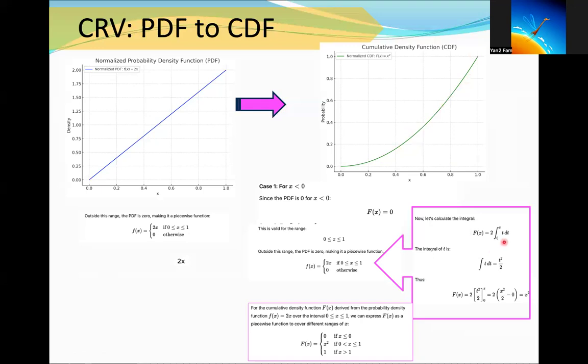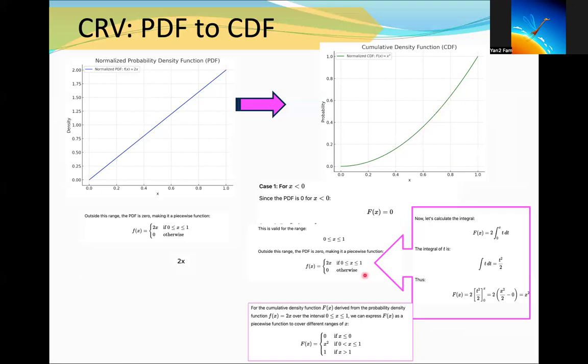So remember we have the 2 here, we put it out. This is a 2, and I do the integration on this part and I get t squared over 2. Plug in the x and plug in the 0, and I get my x squared.